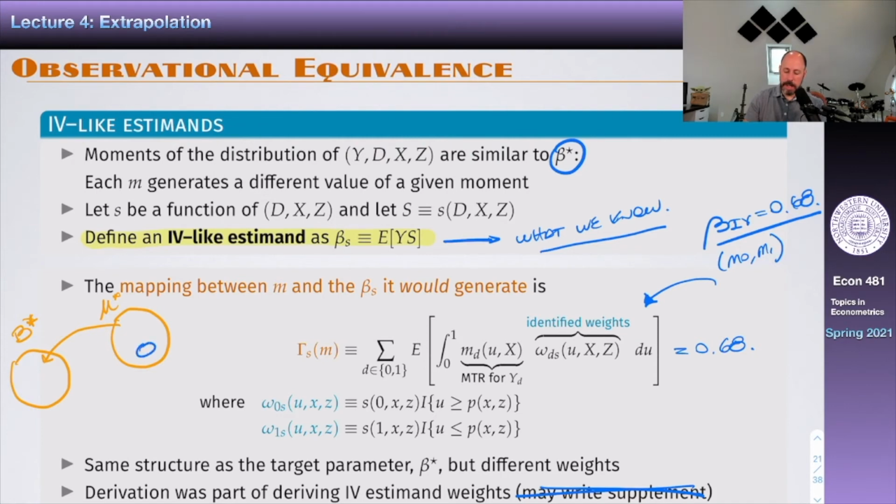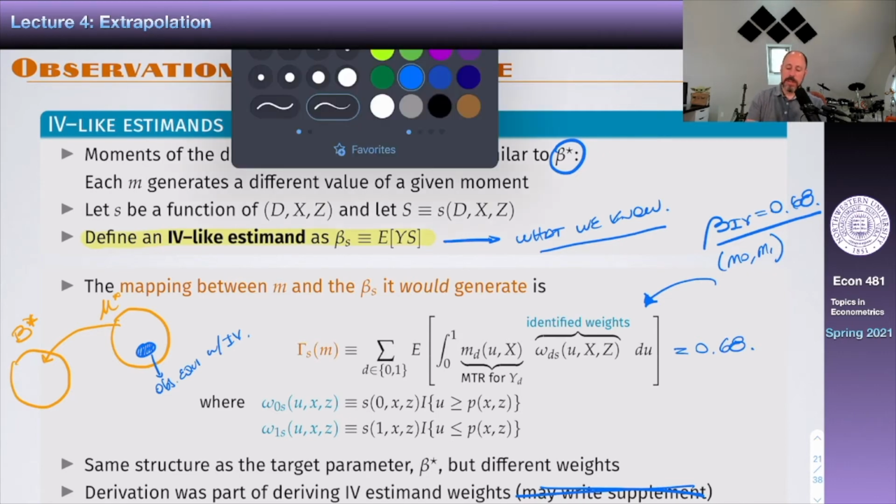So all the values of the marginal treatment responses, these are the observationally equivalent, say, with IV, okay? These are all the values of the M1, M0s that are consistent with the value of the IV that we have in our data.